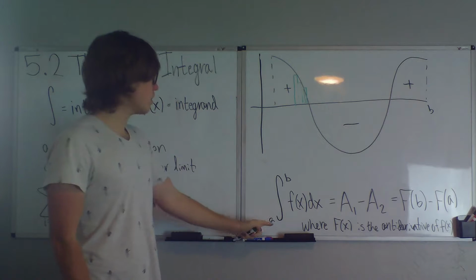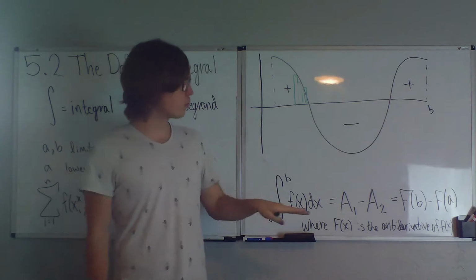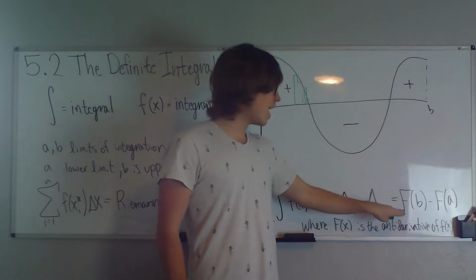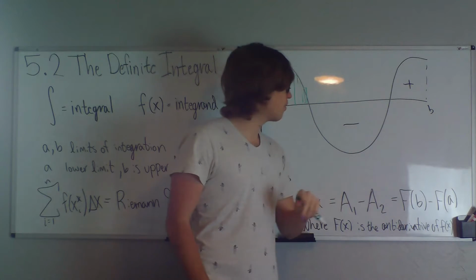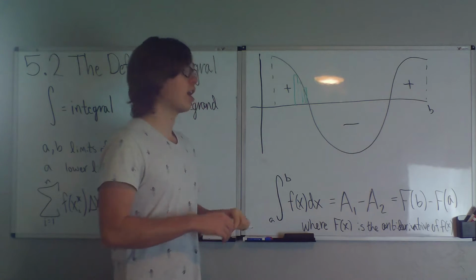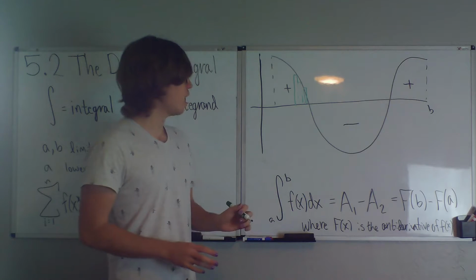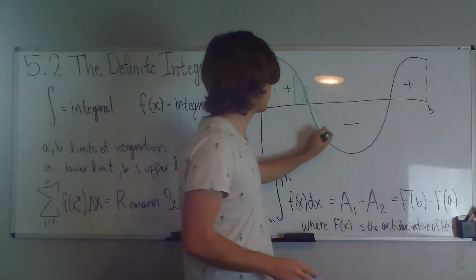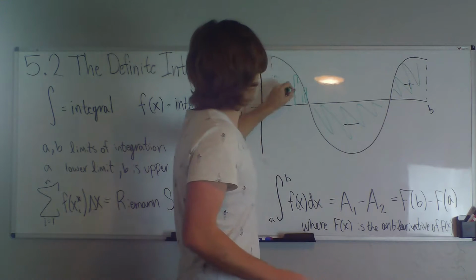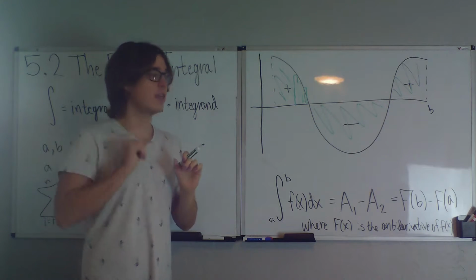But now, we get this integral from a to b of f of x, and basically it is equal to one area minus another area, which is equal to big F of b minus big F of a, where our capital F is the antiderivative of f of x. And that will actually just give us all the area under the curves without having to add up these areas with little rectangles.